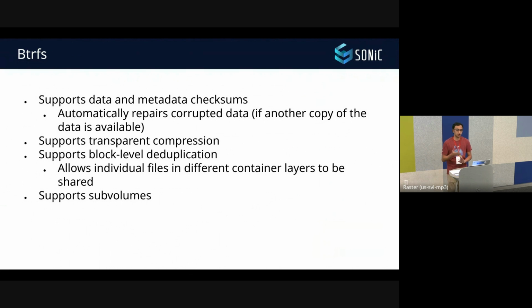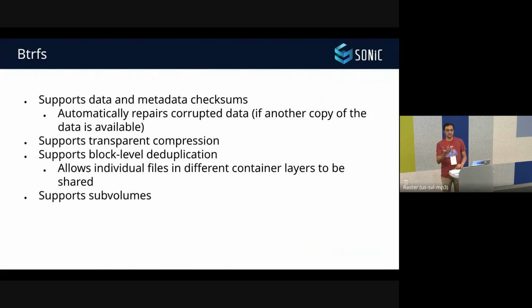It supports block level deduplication. What this means is that if you have the same thing present in multiple files, because even in binaries and shared libraries, there might be code or data that pretty much looks the same in terms of instructions in multiple files, it will only have one copy of that shared data, and it will reuse that data for both files.